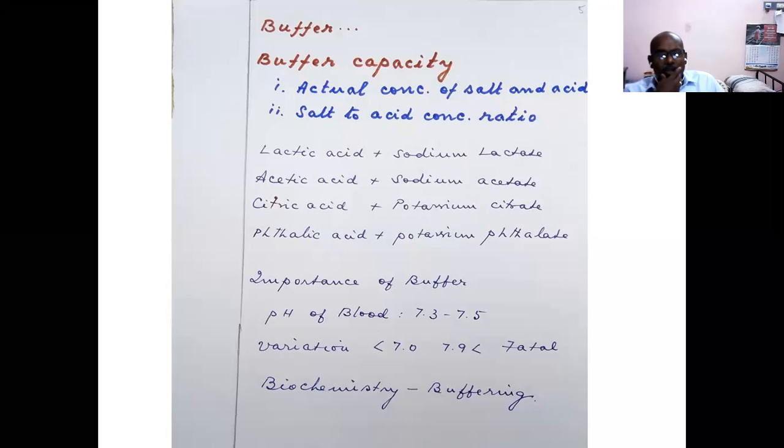See, our mouth is always maintained alkaline because of buffer action. And also our stomach is maintained acidic because of buffer action. So in the whole body, there is buffering. Buffering is working all over the body. See, our brain is slightly alkaline. And also a slightly alkaline brain is of a high intelligence quotient.